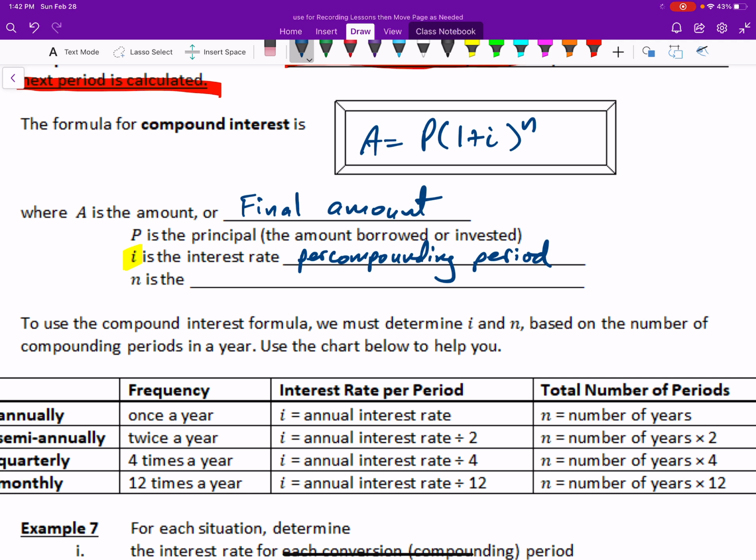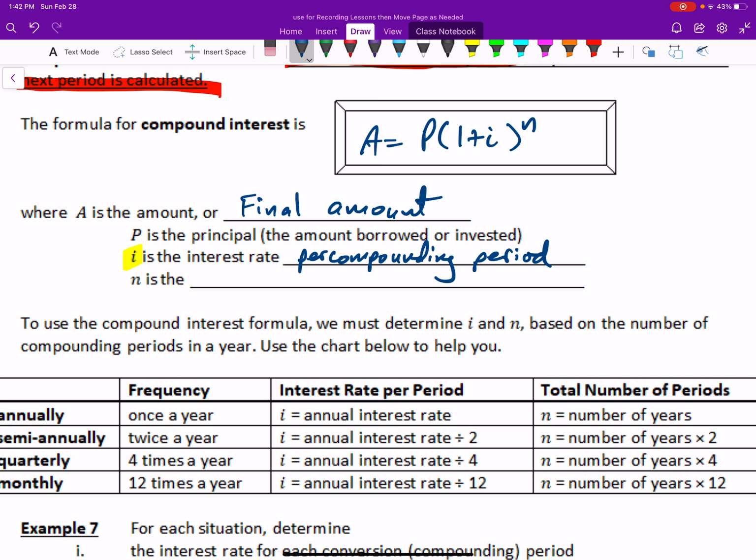So it depends on how often it's being calculated. And so if there's 10% interest per year, but I calculate the interest 12 times per year, then I would divide that 10% by 12, and I'd just give that percent once a month. It would still add up to 10% in a year, but it's broken into smaller chunks.